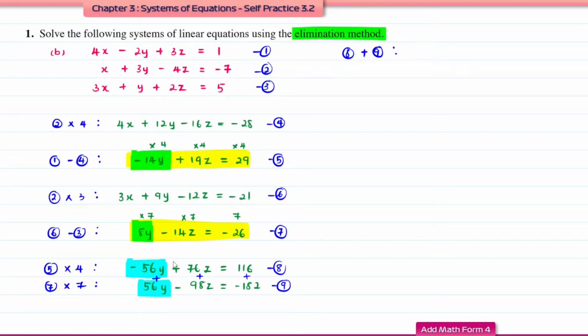So the variable y has been eliminated. 76 plus negative 98z will be equal to negative 22z. And 116 plus negative 182 is equal to negative 66. Therefore, z is equal to negative 66 divided by negative 22, which is equal to positive 3.